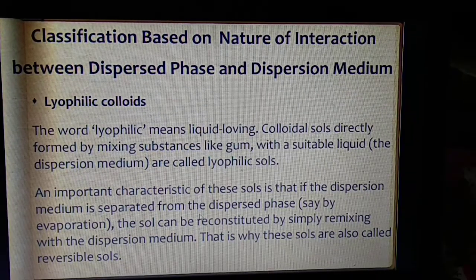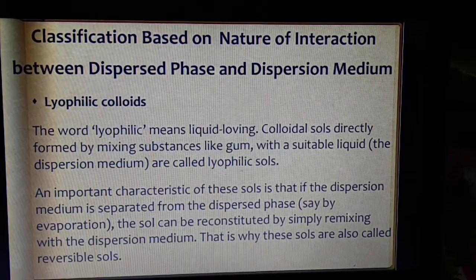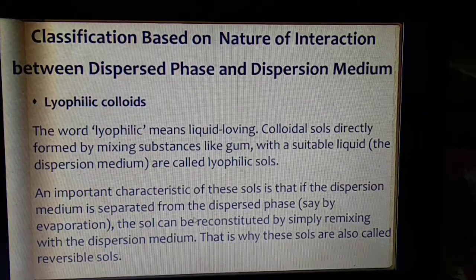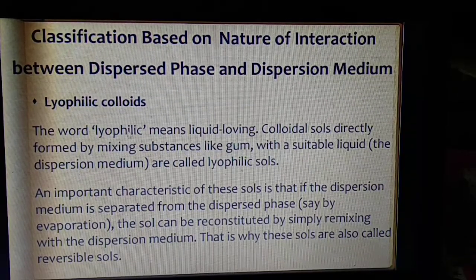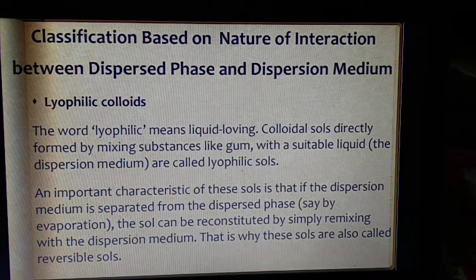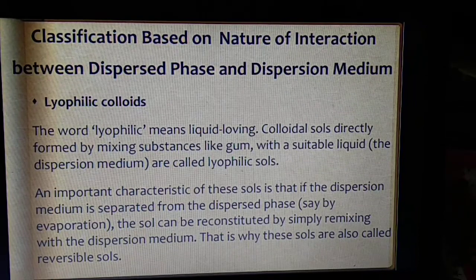Classification based on the nature of interaction between the dispersed phase and the dispersion medium. One is the lyophilic colloid. Lyophobic colloids are those where there is less attraction between the dispersed phase and the dispersion medium, and the dispersed phase is a hater of the dispersion medium.